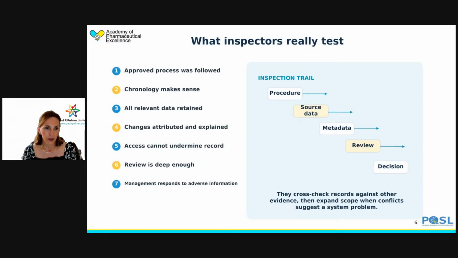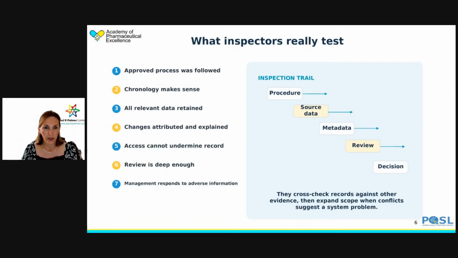The inspection trail normally moves from approved procedure to the source data, then to metadata and audit trails, the review, and the final decision. And the inspectors cross-check these sources rather than accepting each document in isolation. When the records agree, confidence increases.